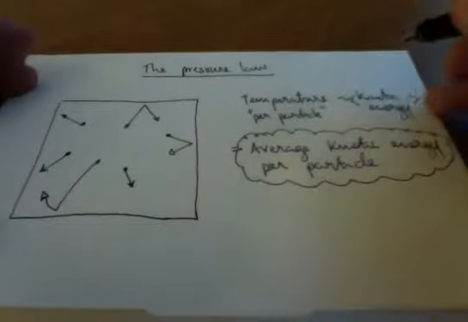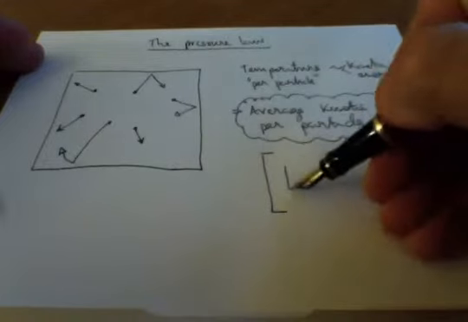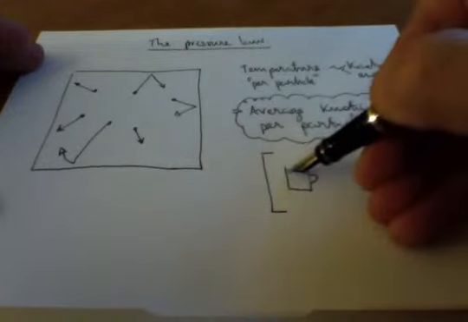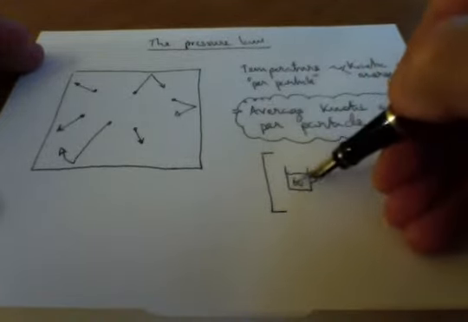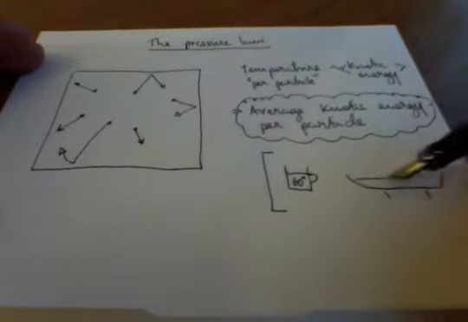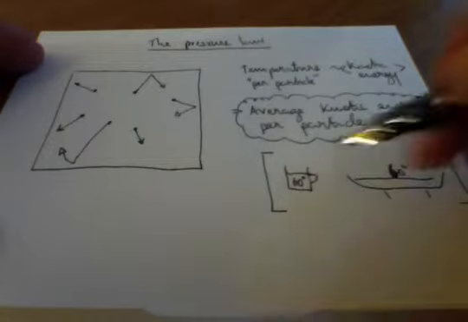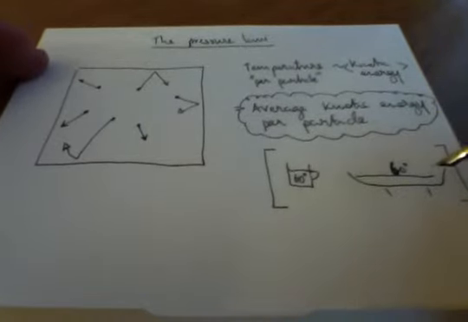It also suggests why, and this is just an aside, if we had a cup of tea sitting at 60 degrees and a bath of water at 60 degrees for the sake of it, what's similar about this and what's different about this?